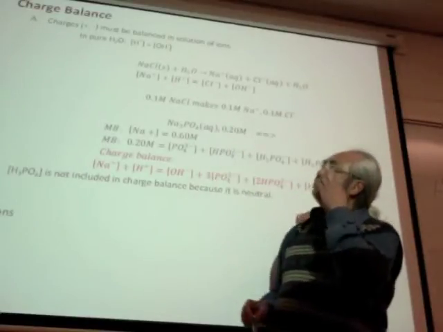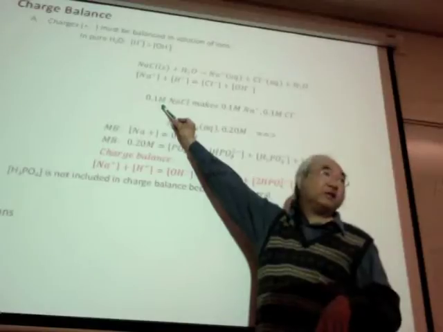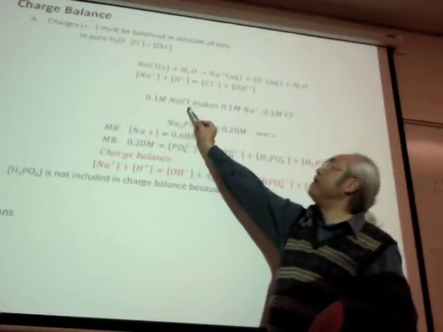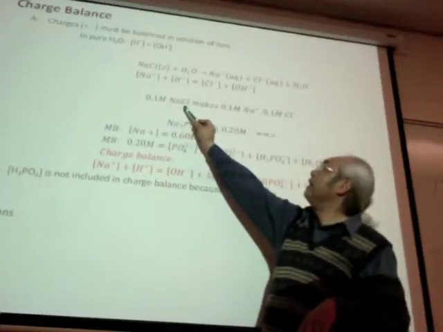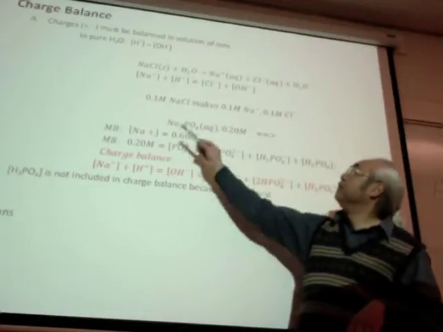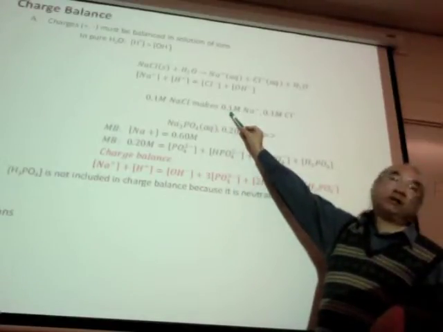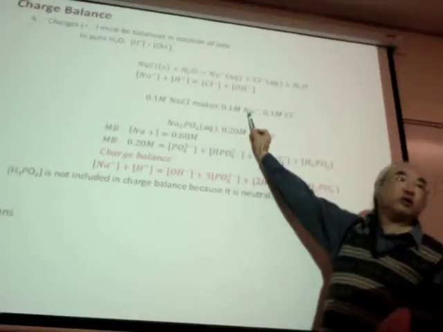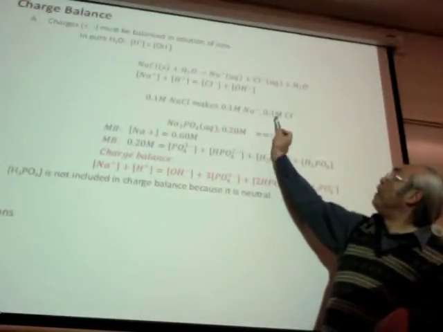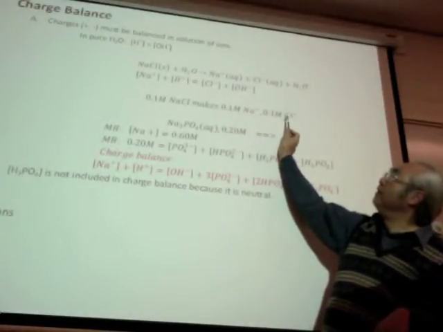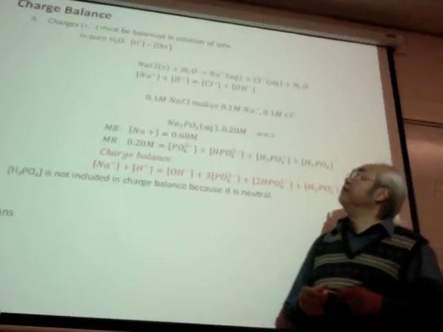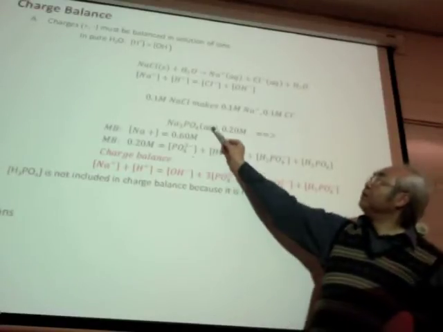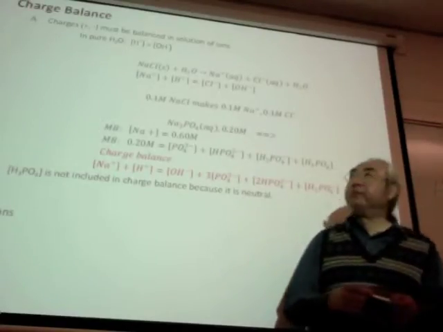Now, if you incorporate a quantity, let's say you prepare 0.1 molar NaCl, then for mass balance you will get 0.1 molar sodium ion and 0.1 molar chloride anion. Let's look into a more complicated formula.